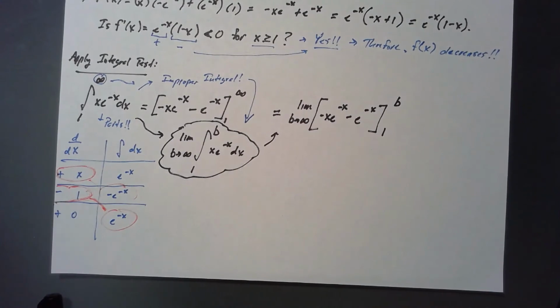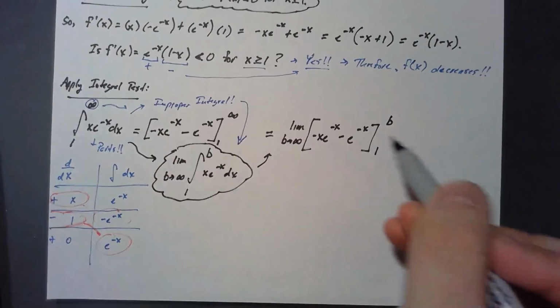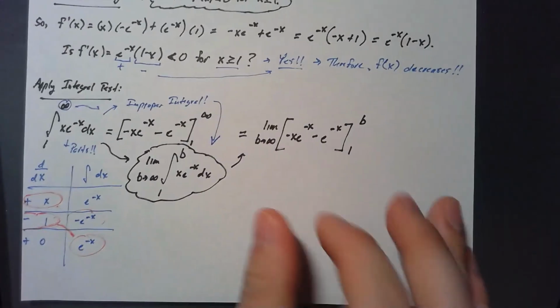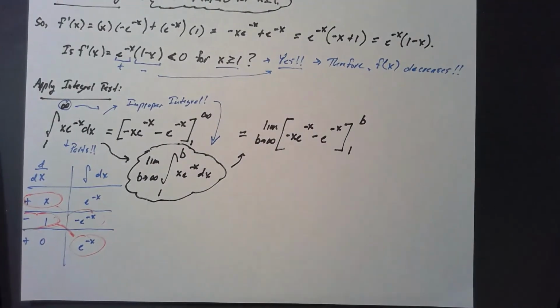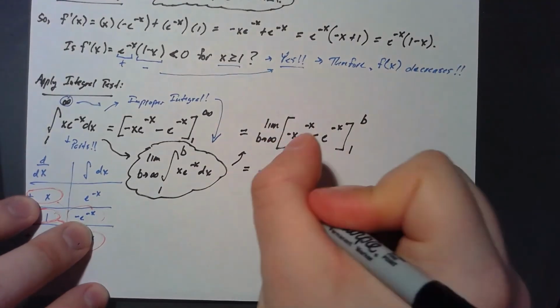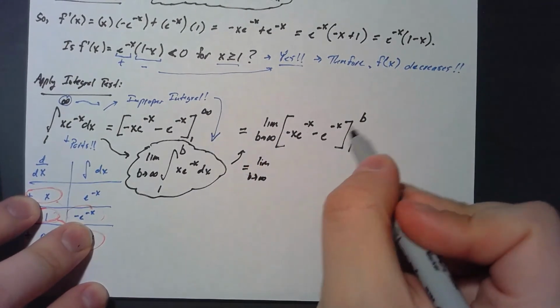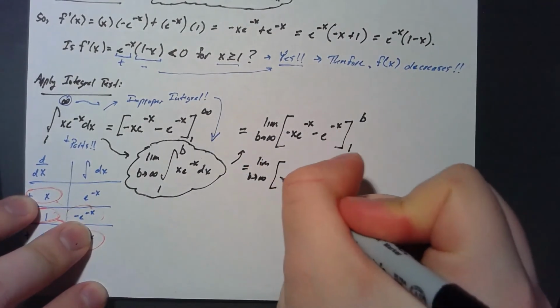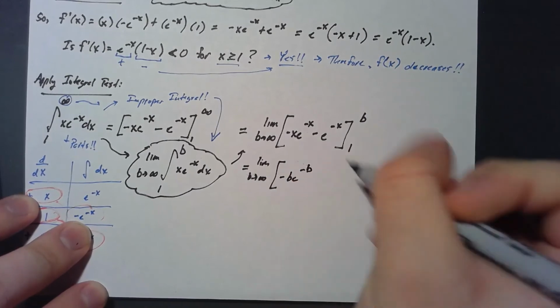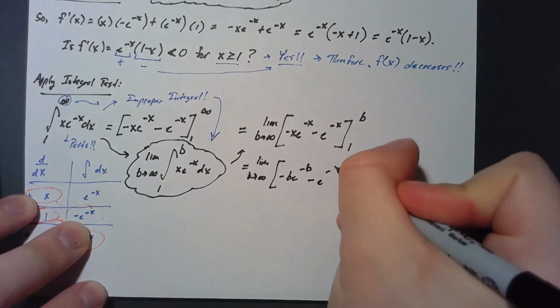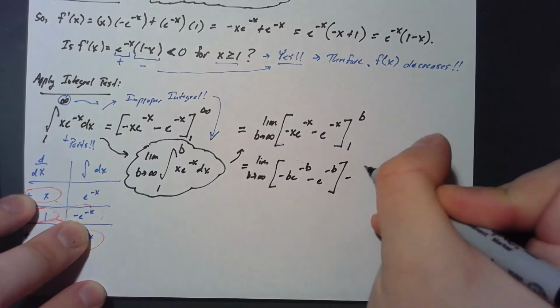All right, so when you go through this computation, just pop in the bounds. So when you pop in b in here, you're going to get negative b e to the negative b minus e to the negative b, minus the quantity.